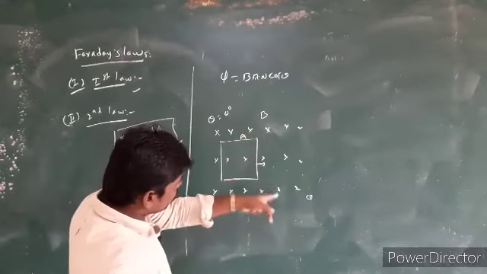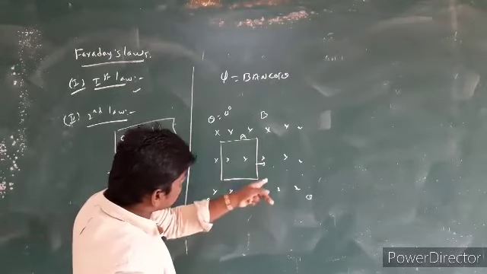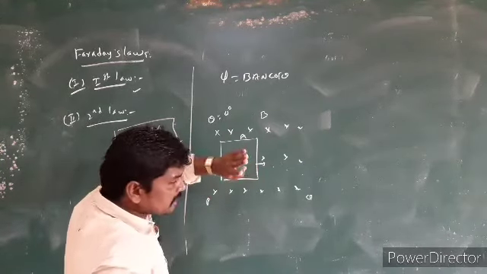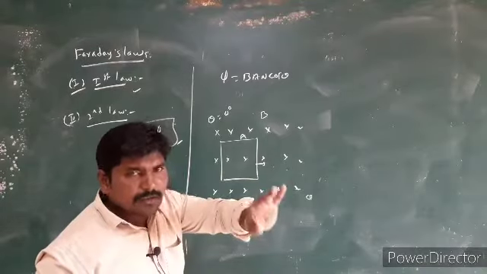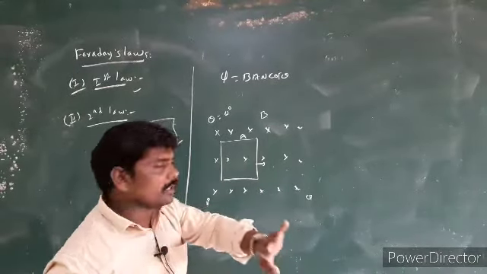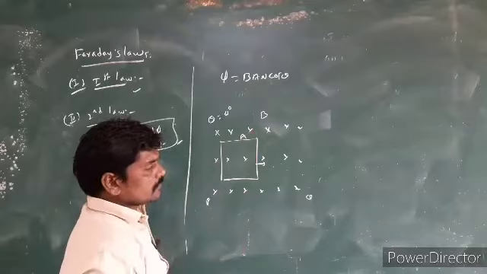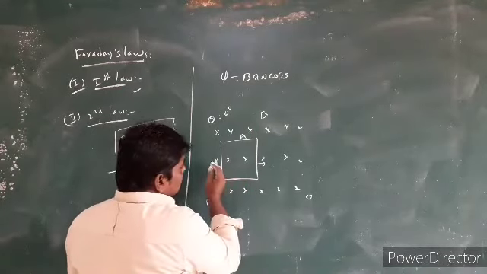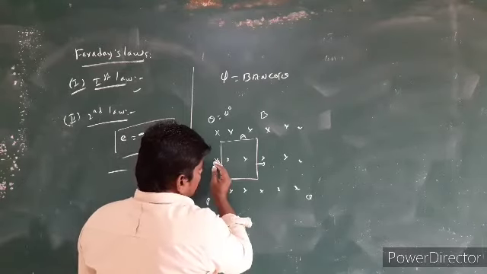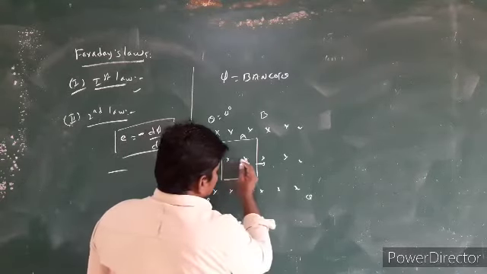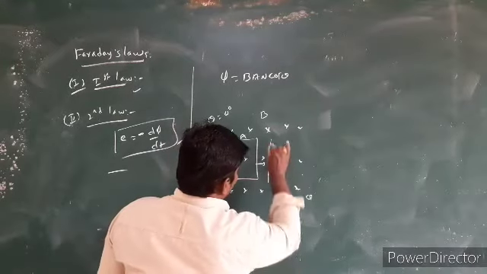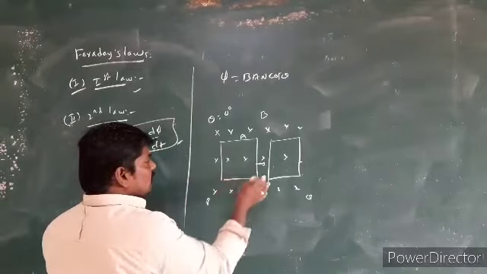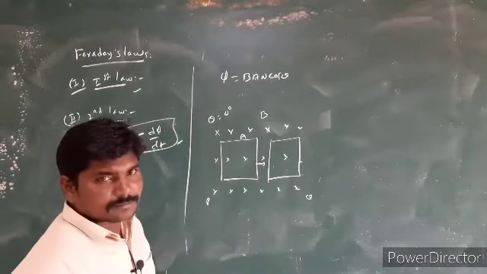From this figure we can say the magnetic field is also perpendicular to the plane of the board, meaning perpendicular to the plane of the coil. The magnetic field is perpendicular to the plane of the coil and the area vector is also perpendicular to the plane of the coil. That's why I am taking theta value 0. Okay, listen. Now we are moving this square coil like this from P to Q. Up to Q, the magnetic flux linked with the coil is constant.